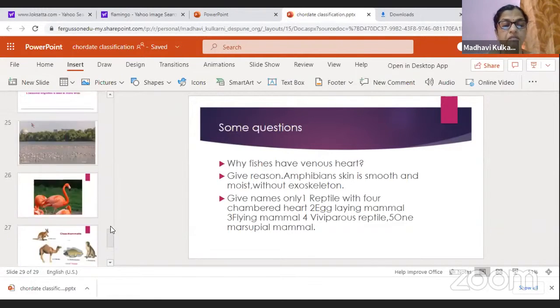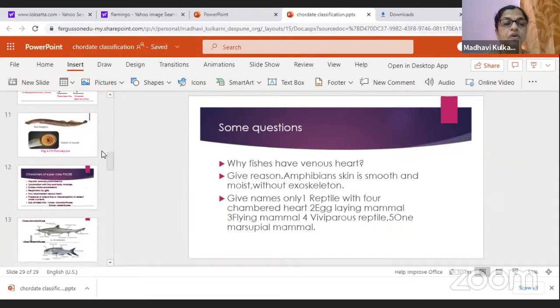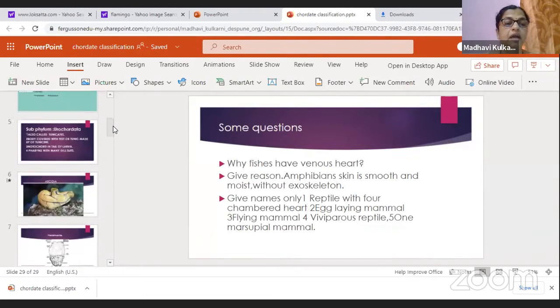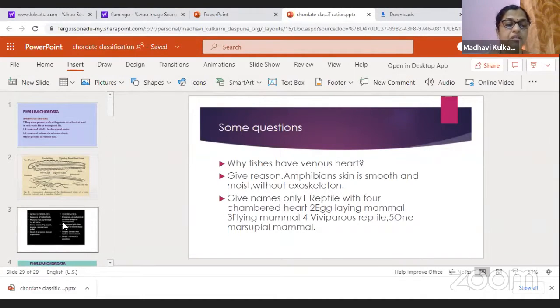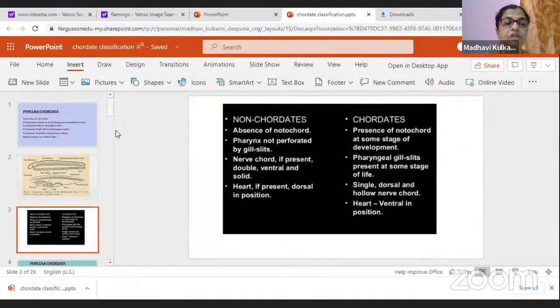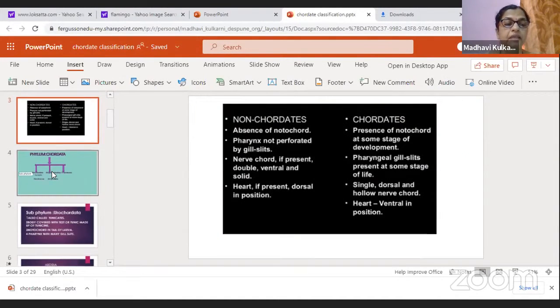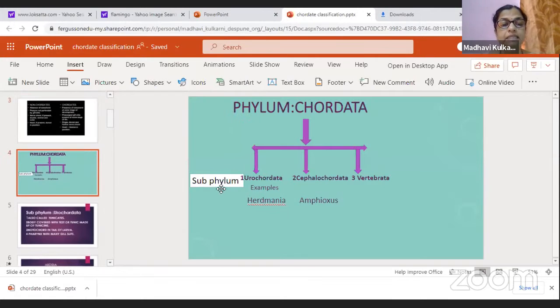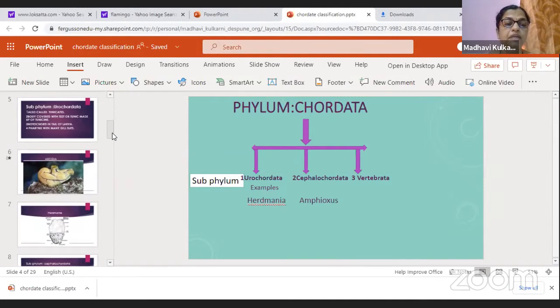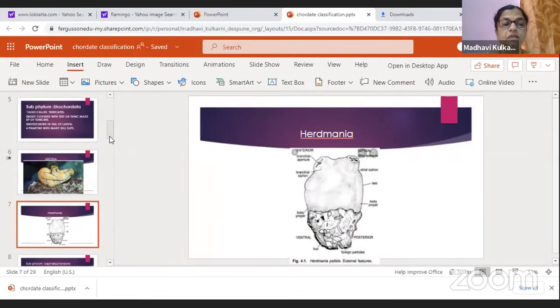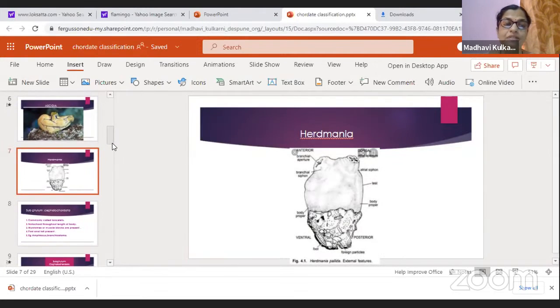So today we have studied chordate classification. In it, I first told the difference between chordates and non-chordates, and then the three subphyla: Urochordata, Cephalochordata and Vertebrata. Urochordates, which are commonly called tunicates, have the notochord only in the larval stage.